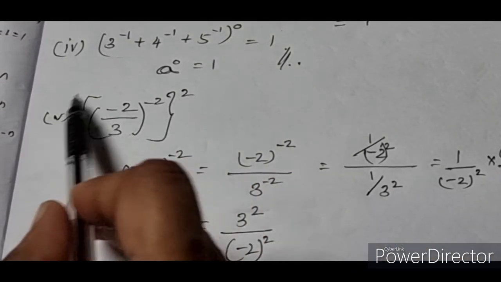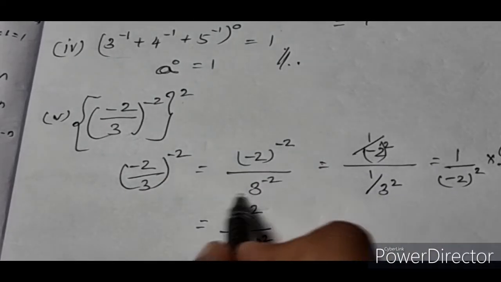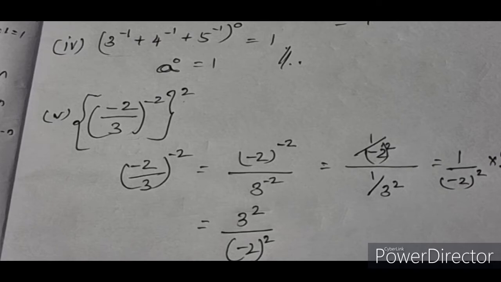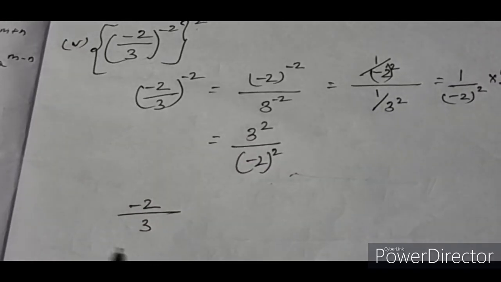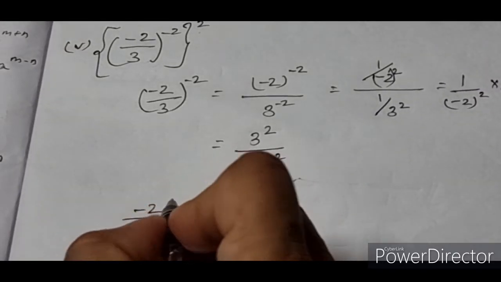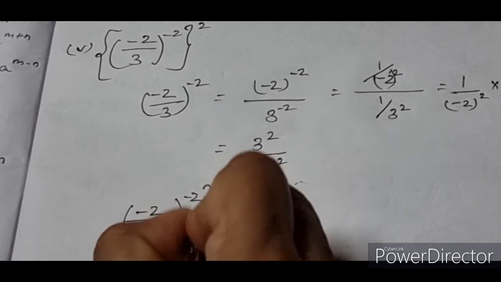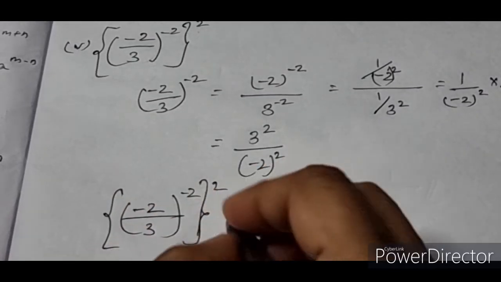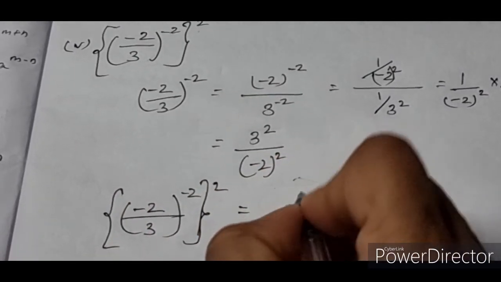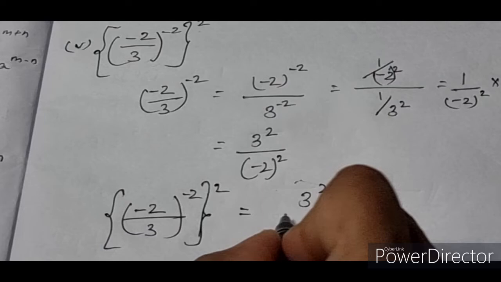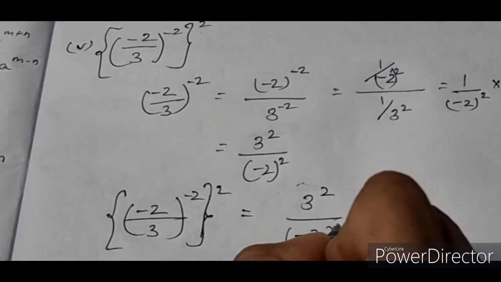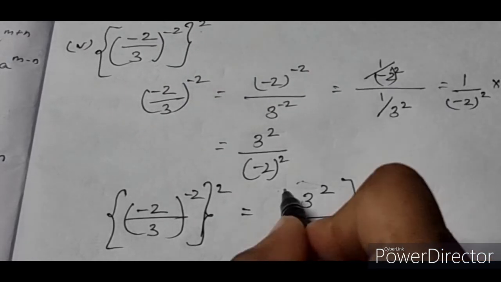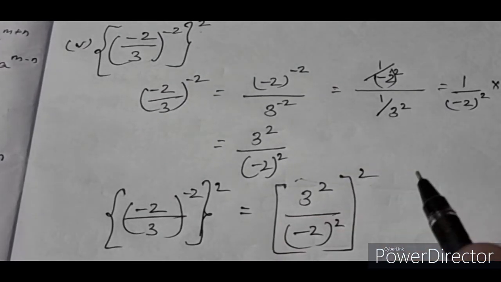Now we have another whole square. So minus 2 by 3 whole square 2 can be written as 3 square by minus 2 whole square to the power 2 whole square.